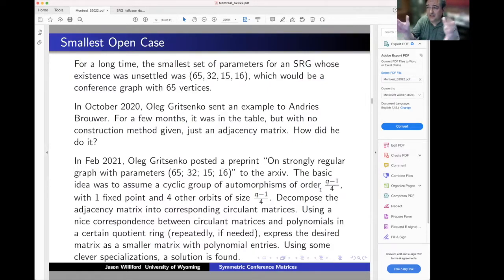It's a big search space, so using some clever specializations to find some solutions. All right, but in that interim time, there was some time to think about how this graph could be generalized and take a guess as to how he did it, though it turns out the direction we ended up was somewhat different.